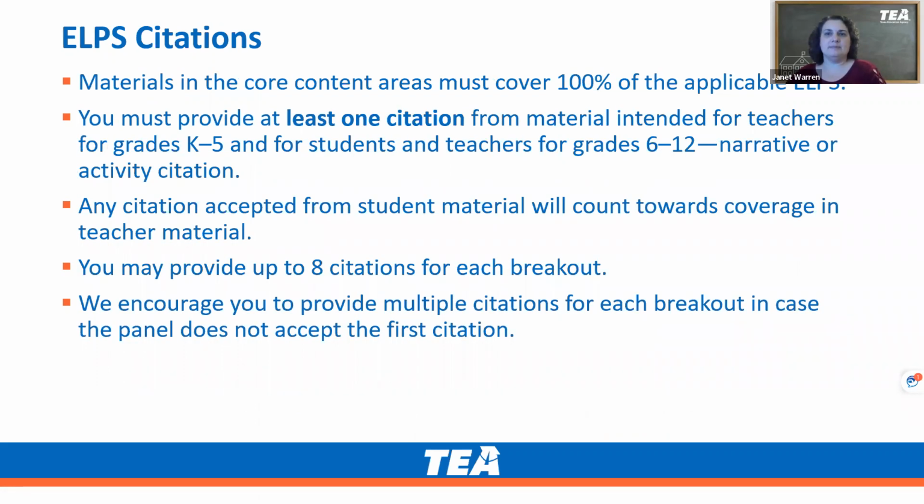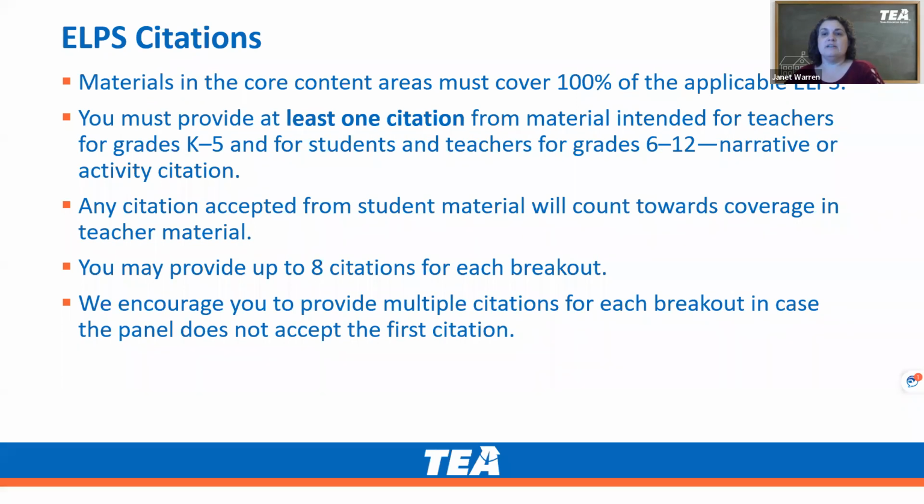Now we're going to talk about ELPS citations because it's a little bit different. Materials in the core content areas must cover at least 100% of the applicable ELPS. At a minimum, you must provide at least 1 citation from material intended for teachers for grades K-5 and for students and teachers for grades 6 through 12.